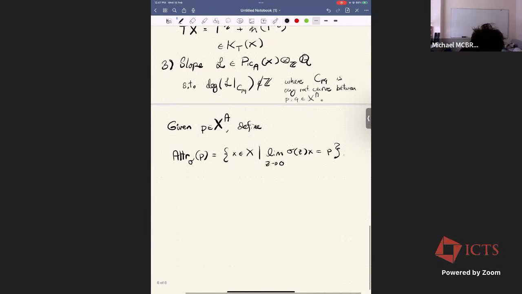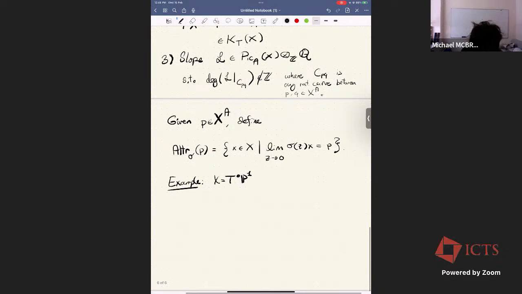You can imagine, let me draw an example here. If X is T^*P^1, the cotangent bundle of P^1, which is the smallest symplectic variety I can think of that will give you an interesting answer. Let me draw a little picture of it.